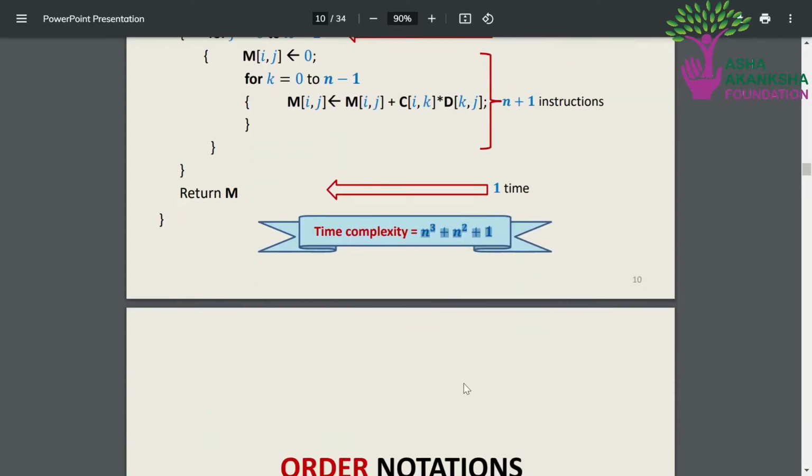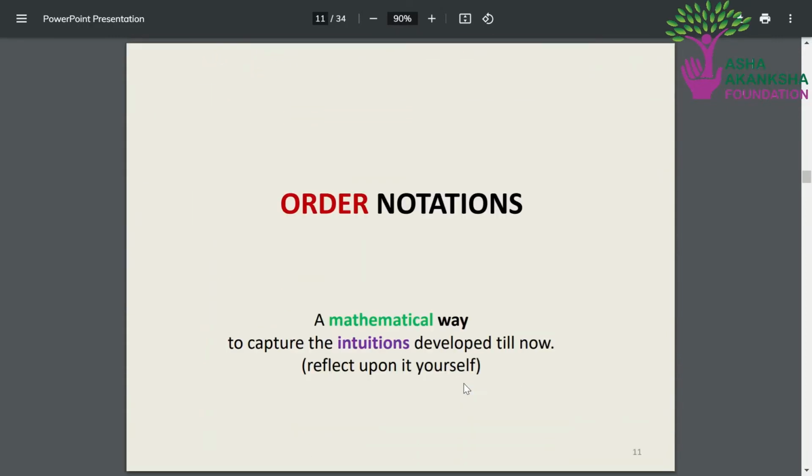So let's go ahead and talk about what order notation is. Order notation is a mathematical way to capture the intuitions developed till now. What we have seen in the previous slides is that we are trying to calculate the approximate time complexity of an algorithm for asymptotically high values, and that is what order notation is.